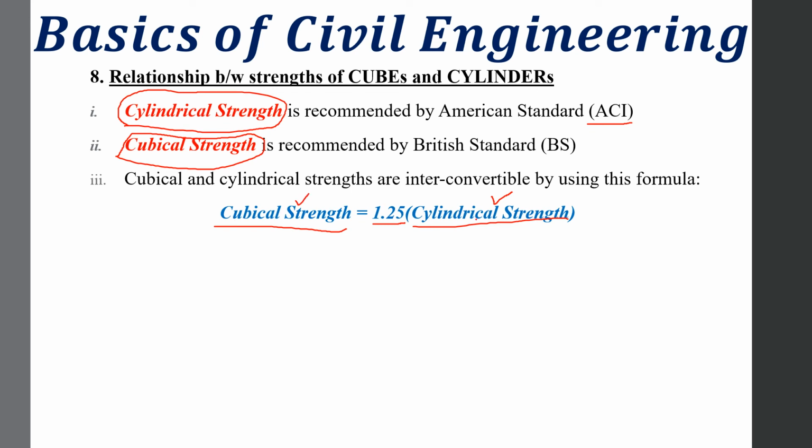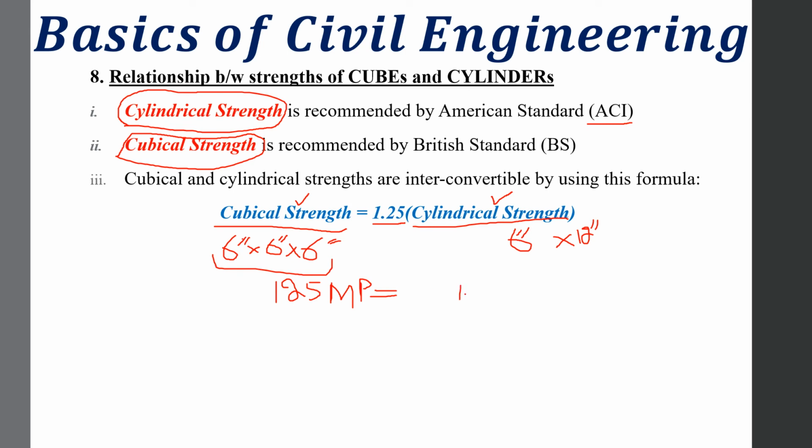It means that if you prepare a cylinder of 6-inch diameter and 12 inches height, and you prepare a cube of 6 inch by 6 inch by 6 inch, suppose the strength of the cube will be 125 megapascal after 28 days of curing.